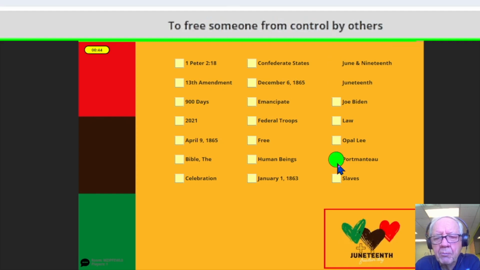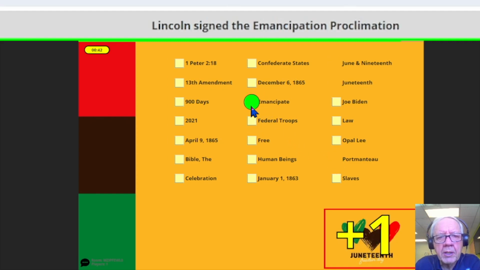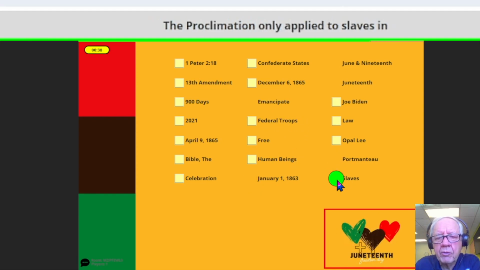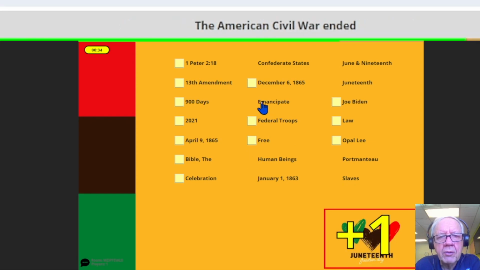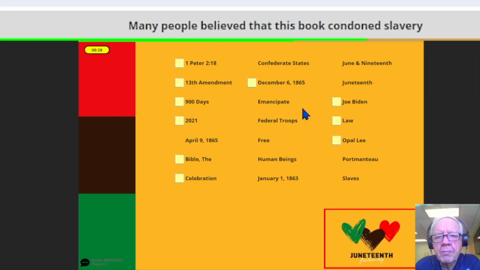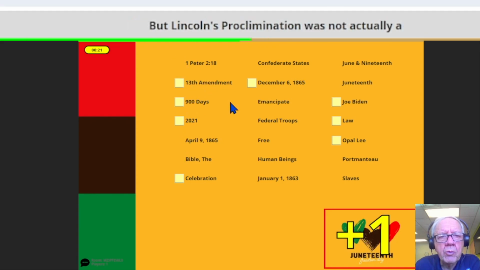Juneteenth, June and 19th, portmanteau, emancipation, January 1st, free the slaves, applied to Confederate states, but someone could own other human beings. Civil War ended April 9th. Federal troops arrived in Galveston to tell the former slaves they were actually free. The Bible in 1 Peter 2:18.